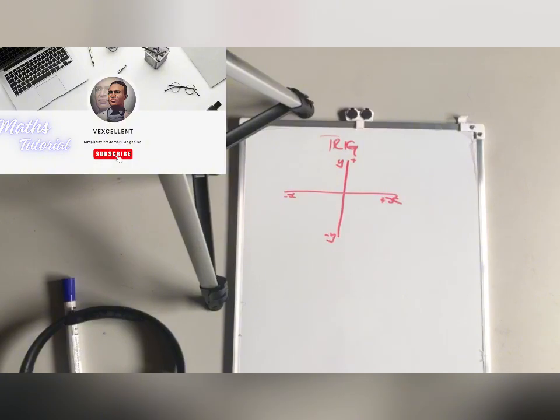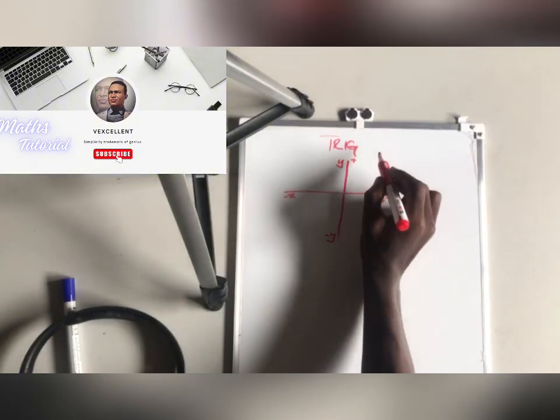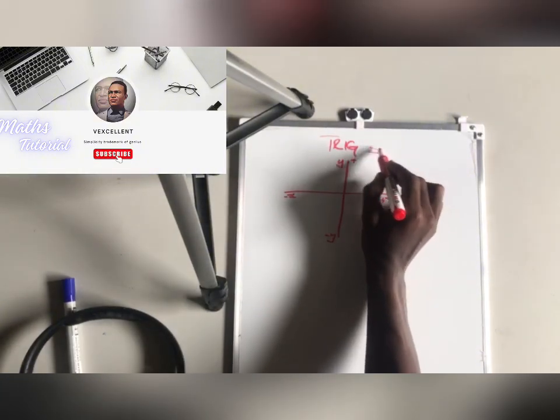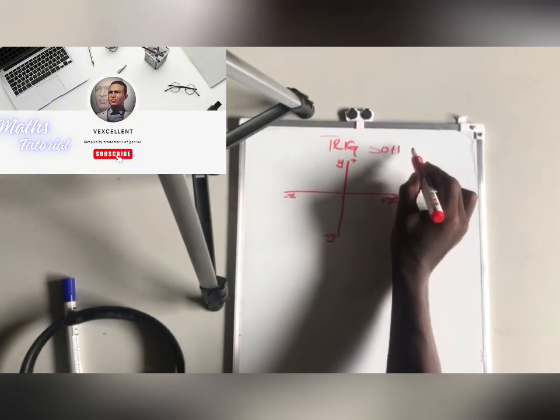So then we have a right angle triangle. As we now speak about trig, you're going to put the right angle triangle on that Cartesian plane. But before we go there, let's go to the formula of a trig ratio.